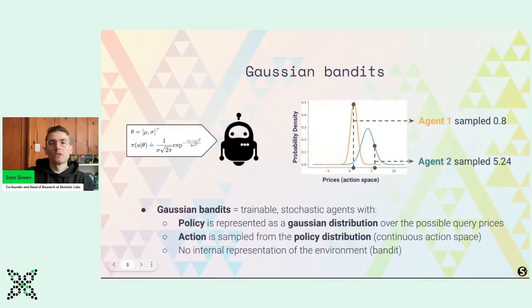For example, here we have an agent that has sampled 0.8 for a price. And we see that it has a fairly tight distribution, which means that it's unlikely to select prices out of this area. And then we have another agent that is also interacting in the environment, and it's sampled a higher price.